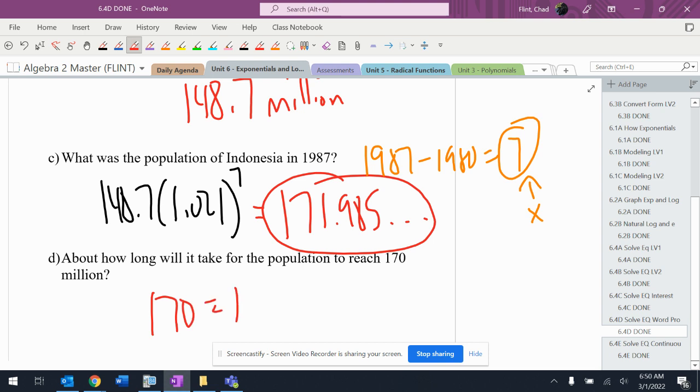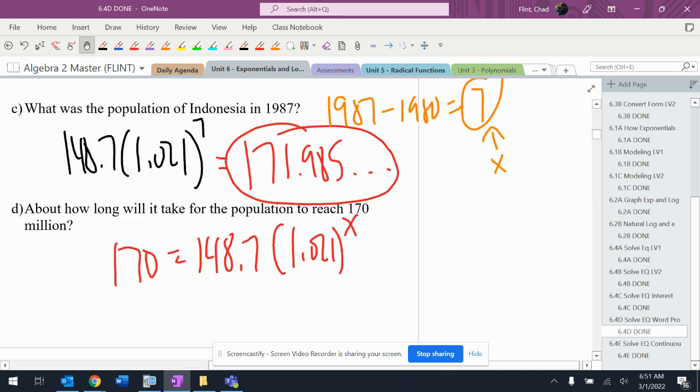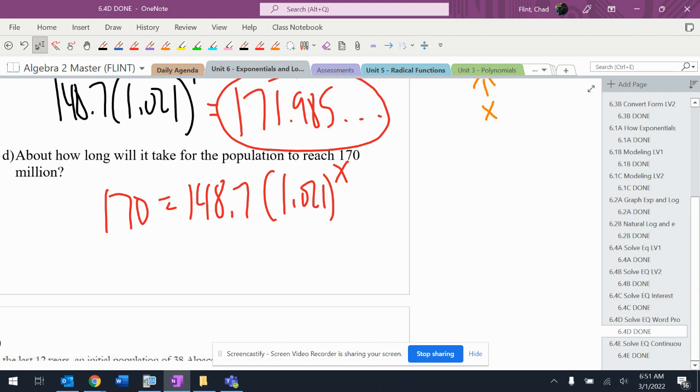So it's 170 equals 148.7 times 1.021 to the X. Clearly, it's going to be a logarithm problem because the X is in the exponent. I have to isolate the exponential term, so I need to divide this by 148.7.